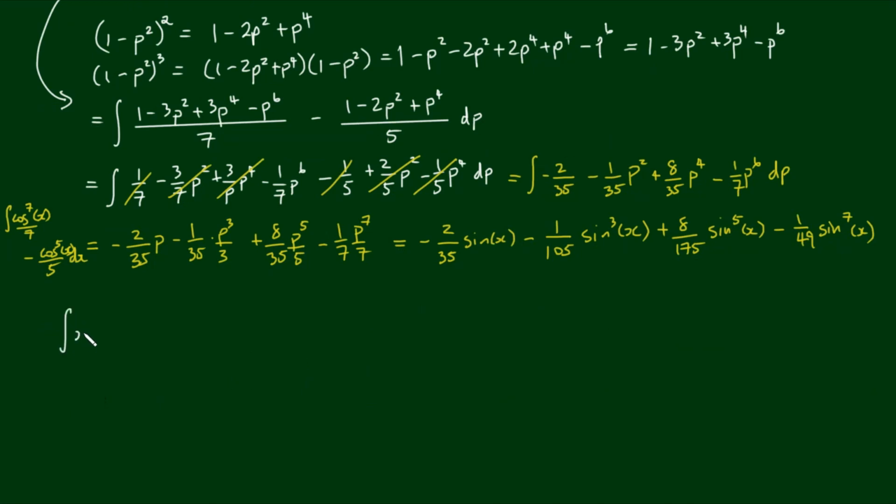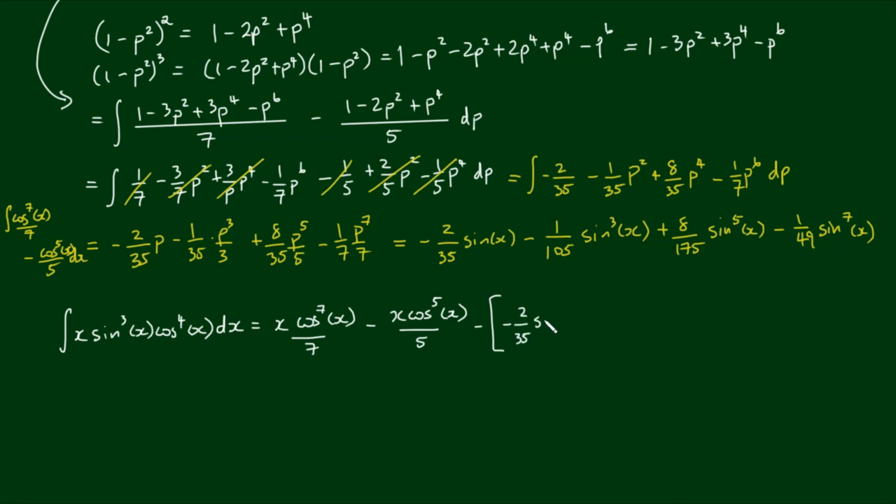So we have the integral of x by sine cubed of x by cosine to the 4th power of x dx is equal to x by cosine to the 7th power of x on 7 minus x by cosine to the 5th power of x on 5 minus negative 2 on 35 by the sine of x minus 1 on 105 by sine cubed of x plus 8 on 175 by sine to the 5th power of x minus 1 on 49 by sine to the 7th power of x.